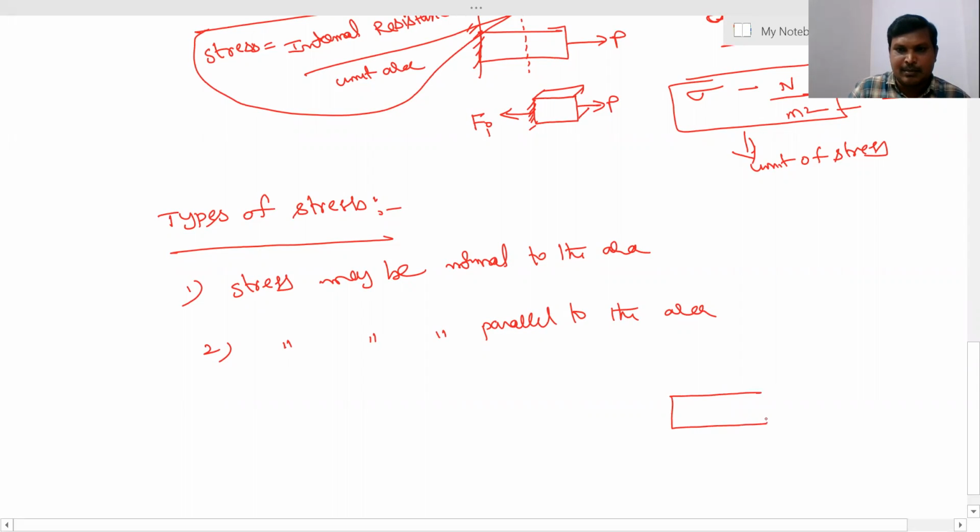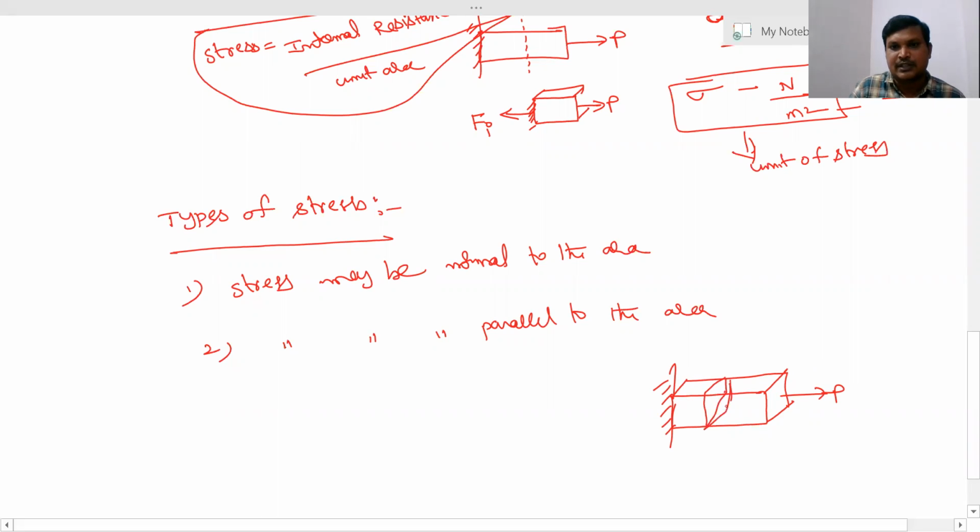So I'm taking a member, and I'm constraining it here. I'm applying the force P here. This is the cross section area I'm taking.